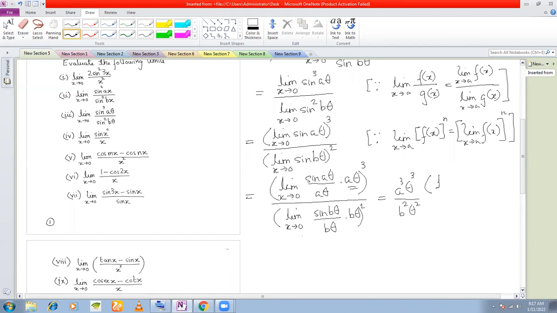And here, limit x tends to 0, sine a theta divided by a theta cube. And in the denominator, we'll have limit x tends to 0, sine b theta by b theta square.